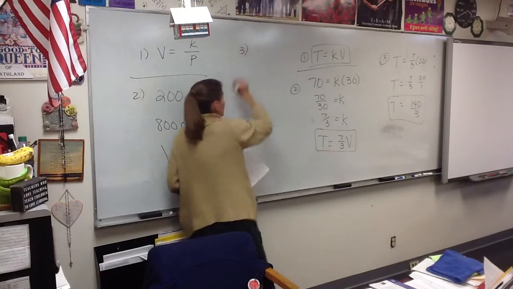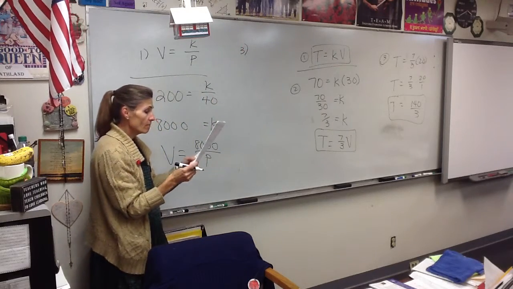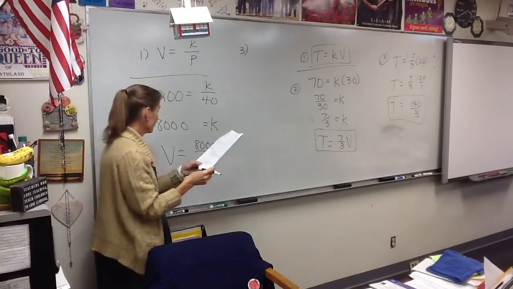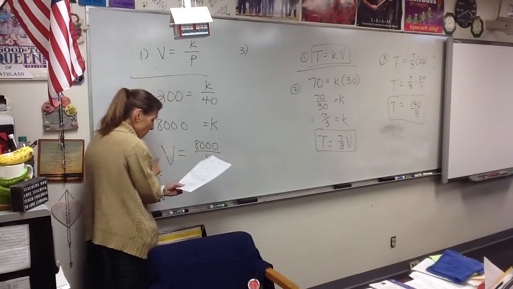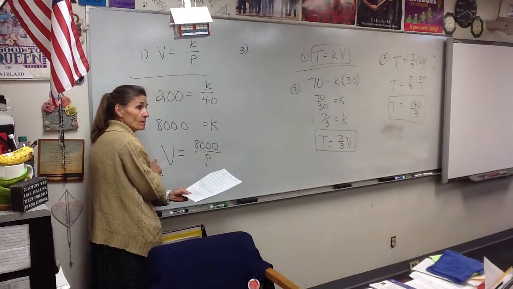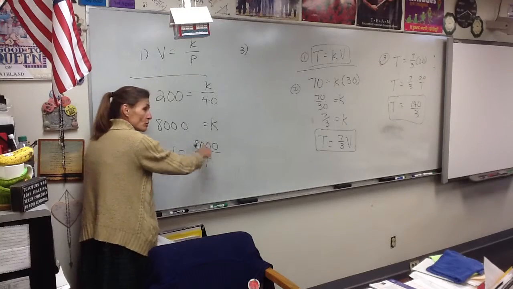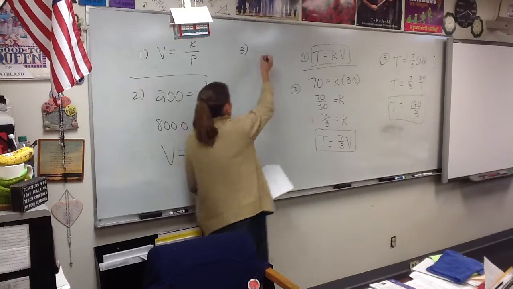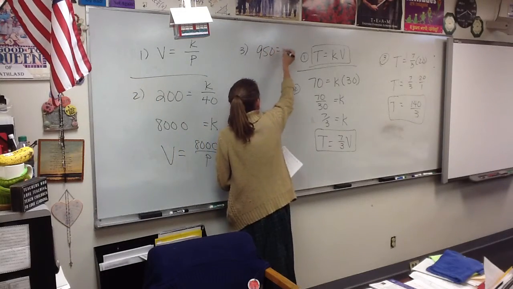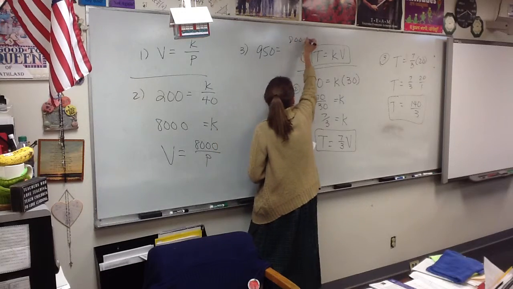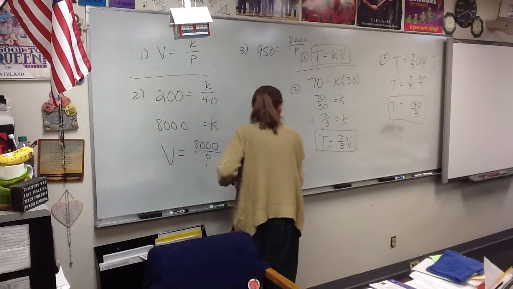And now the last step. Find the pressure if the volume is 950. There's your equation now. So the volume is 950, and we're going to find the pressure.